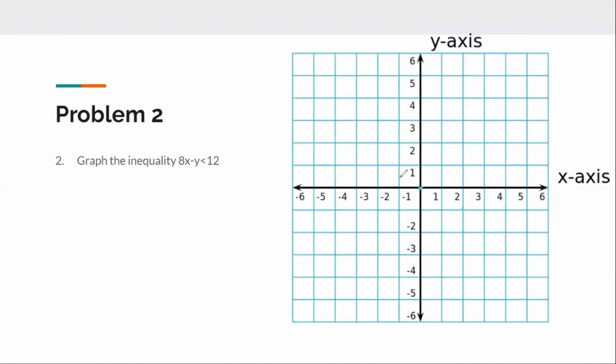Okay, so first what we're going to do is we're going to draw the graph. So we look for the points that satisfy 8x minus y is equal to 12. So one example would be 2 comma negative 4, 2 comma 4, sorry.